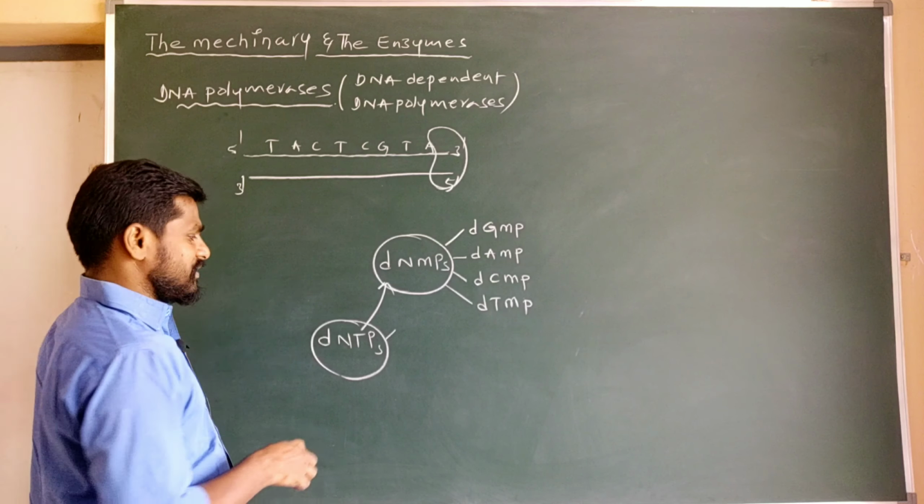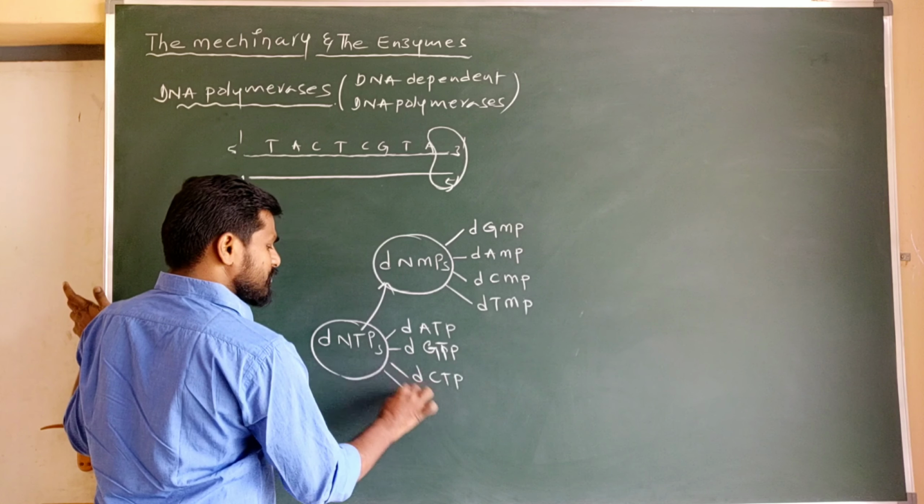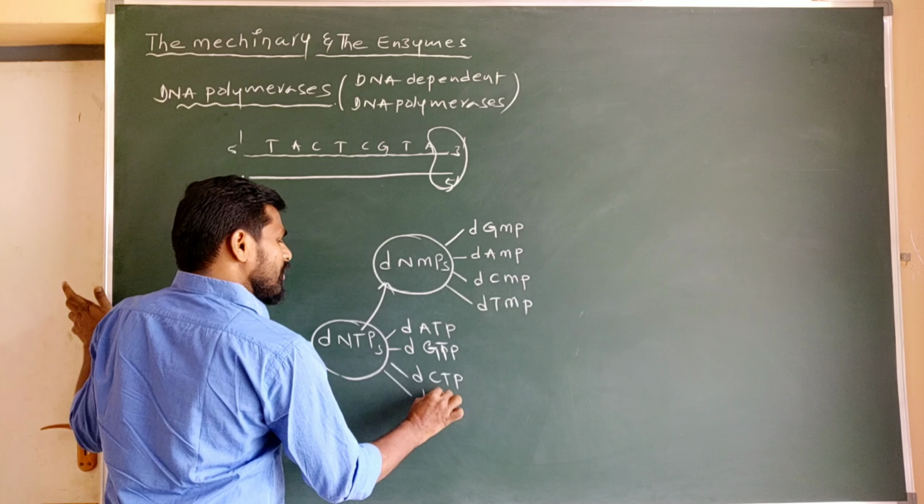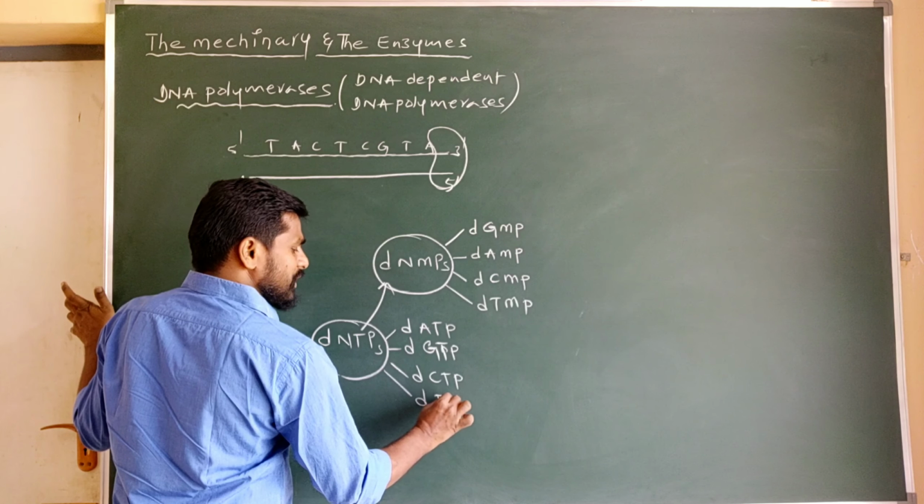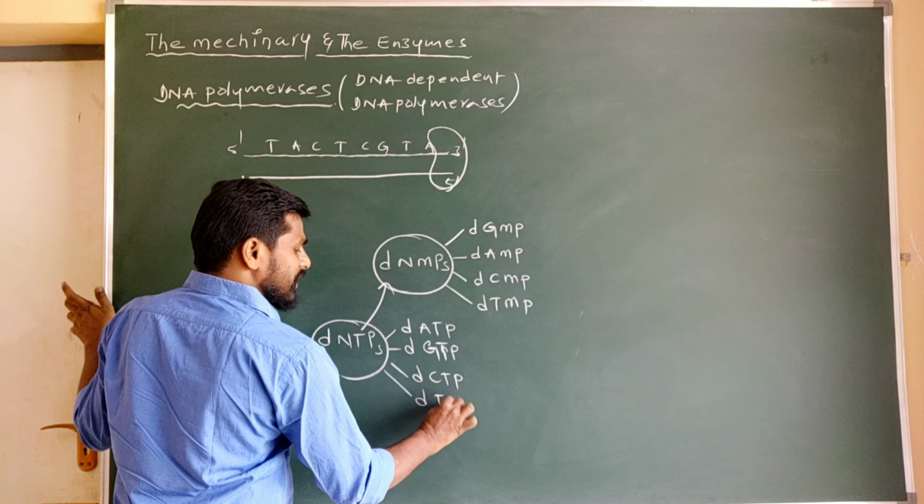Those are deoxyriboadenosine triphosphate, deoxyriboguanosine triphosphate, deoxyribocytidine triphosphate and deoxyribothymidine triphosphate. So these are the nucleosides having 3 phosphate groups. These are the nucleosides having 1 phosphate group. These are the monomeric units of a DNA molecule.